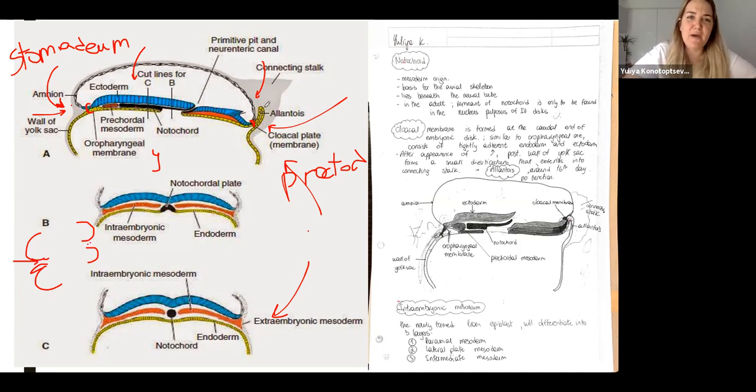So where are these membranes? They're right here. Oropharyngeal membrane will be here. Cloacal membrane will be here. So if I ask you a question, oropharyngeal membrane ruptures into what? Where does it rupture into?